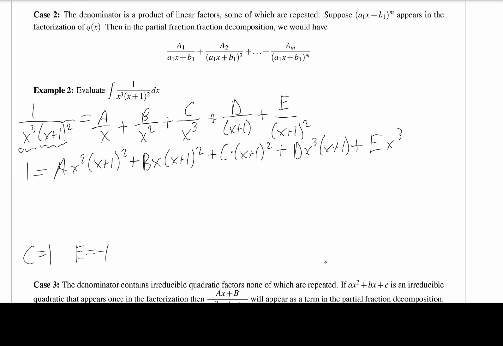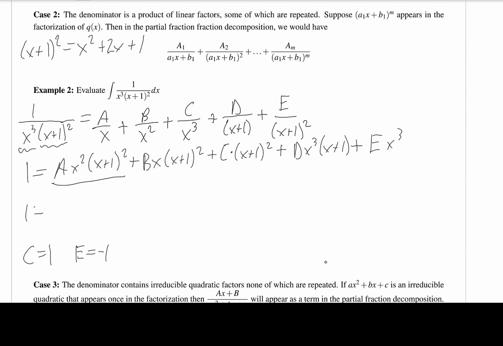Now, that was our first method, right? How we can get some quick constants. But notice we weren't able to figure out A, B, or D. So I'm going to go ahead and FOIL this out. To do that, I'm going to note that x plus 1 squared is equal to x squared plus 2x plus 1.